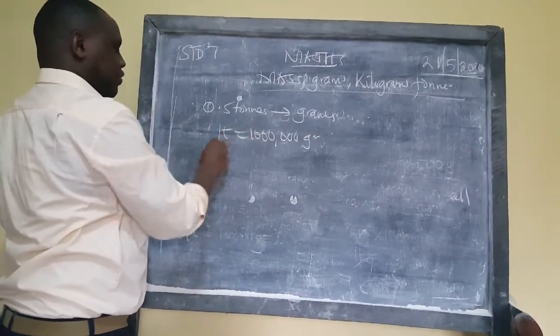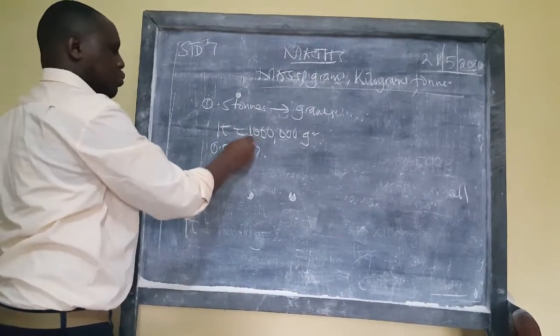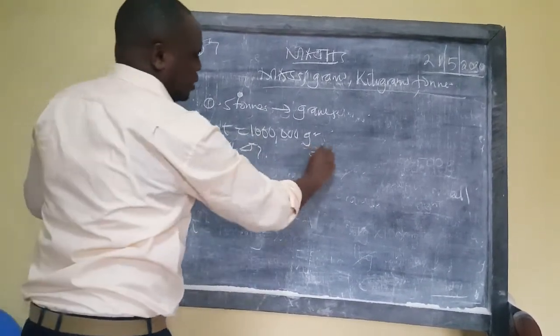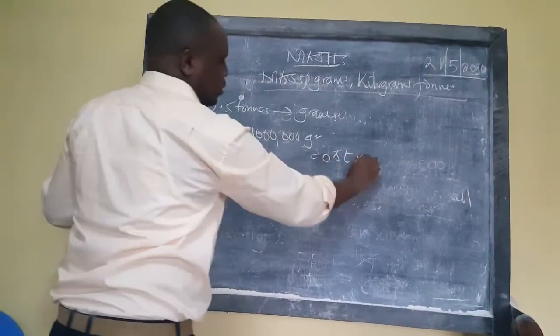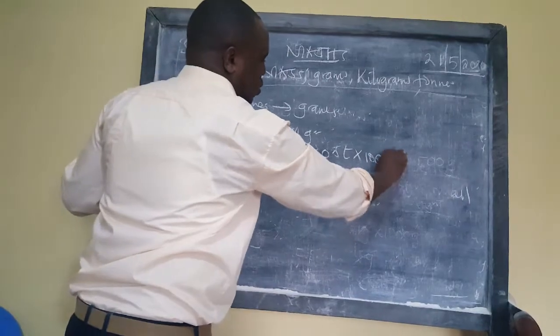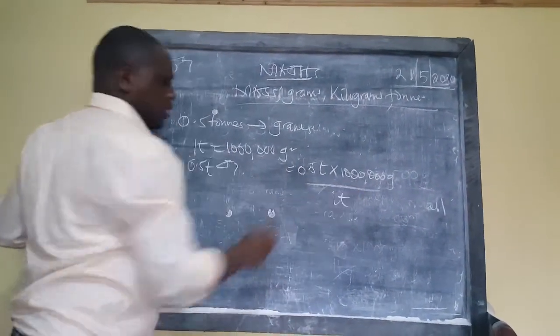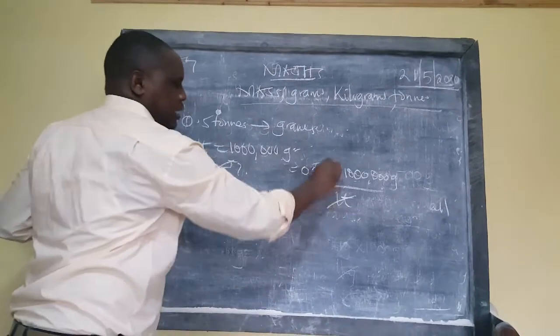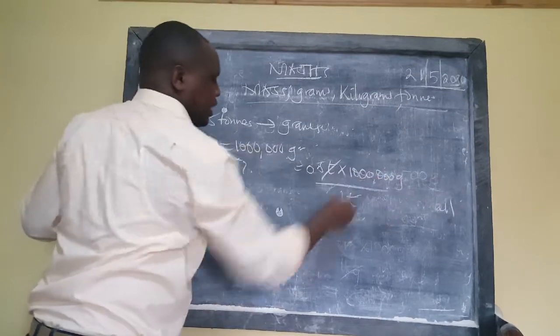What about 0.5 tons? So you multiply like this: 0.5 tons times 1 million grams over 1 ton. Then this ton will cancel with this ton. You remain with 0.5 times 1 million, and this will be grams.